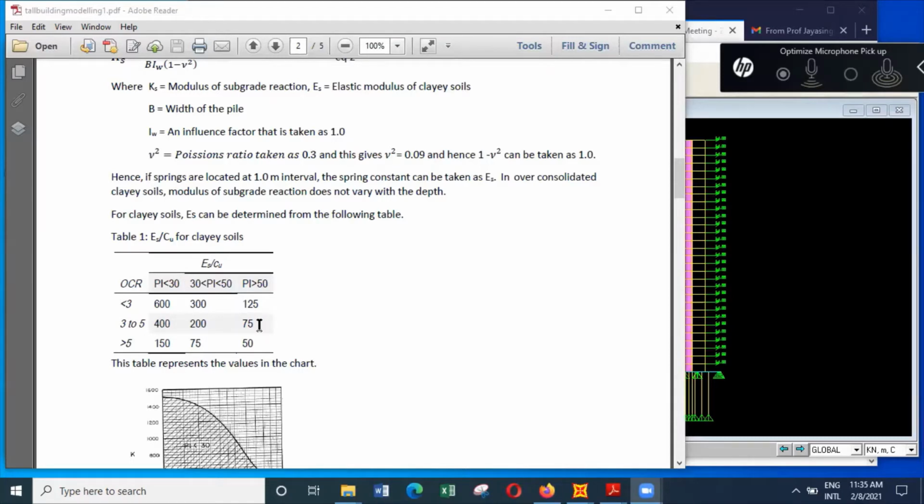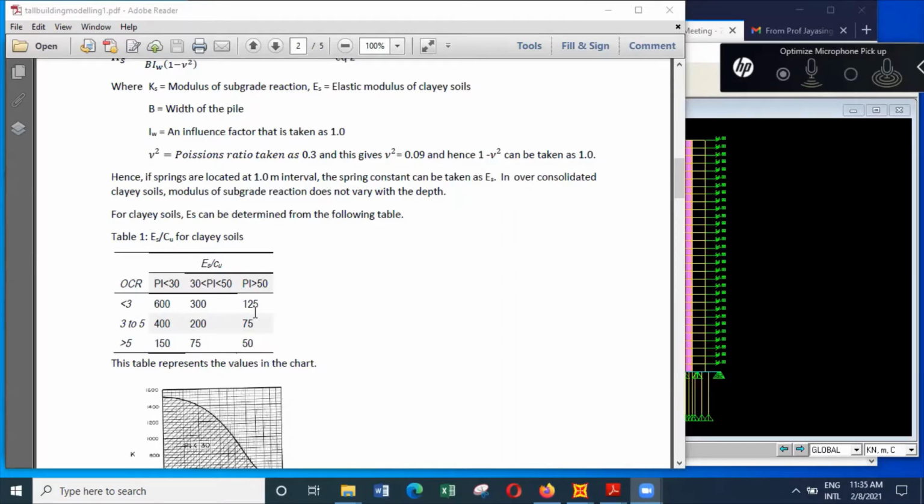And so you get 22.5 times 75. The answer is 1687.5.